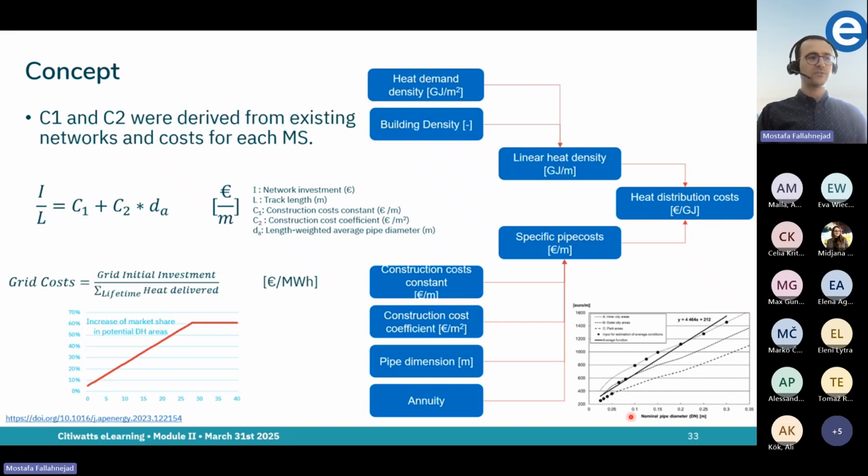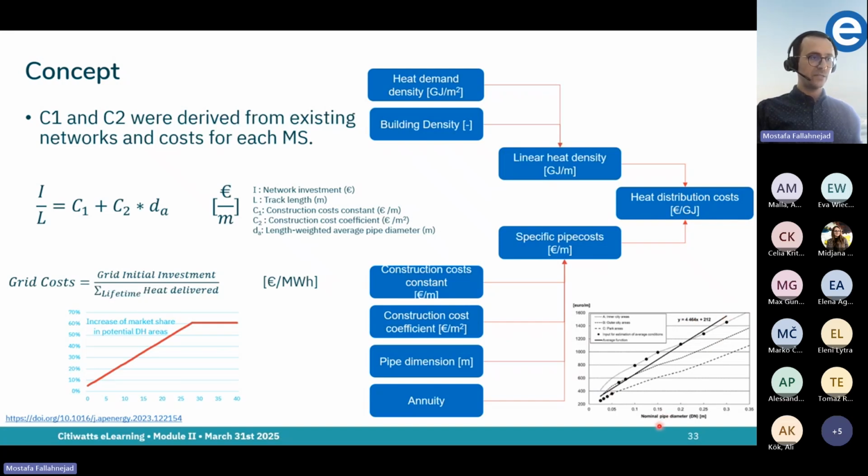or plot ratios to see what would be the average pipe dimension required in every pixel of the map. And based on these pipe dimensions that are available and the cost that I have in euro per meter, I can identify the cost. So I have already C1 and C2 here, the cost constant and coefficient, in this line interpolated.